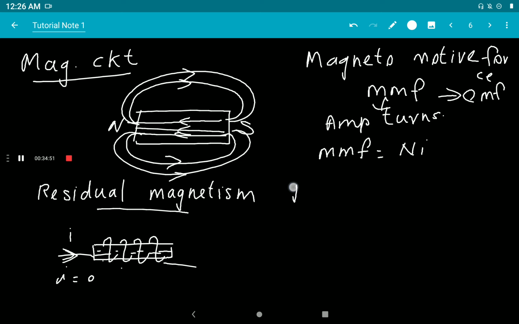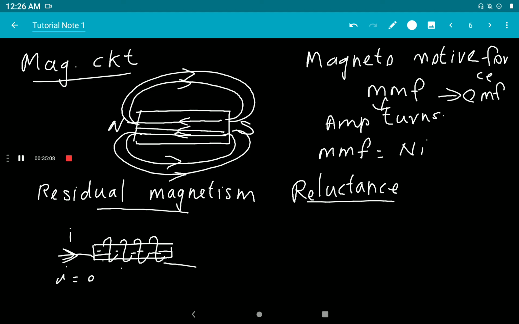Next term is reluctance. What is reluctance? Reluctance is the property of a magnetic material which opposes the passage of magnetic flux in it.